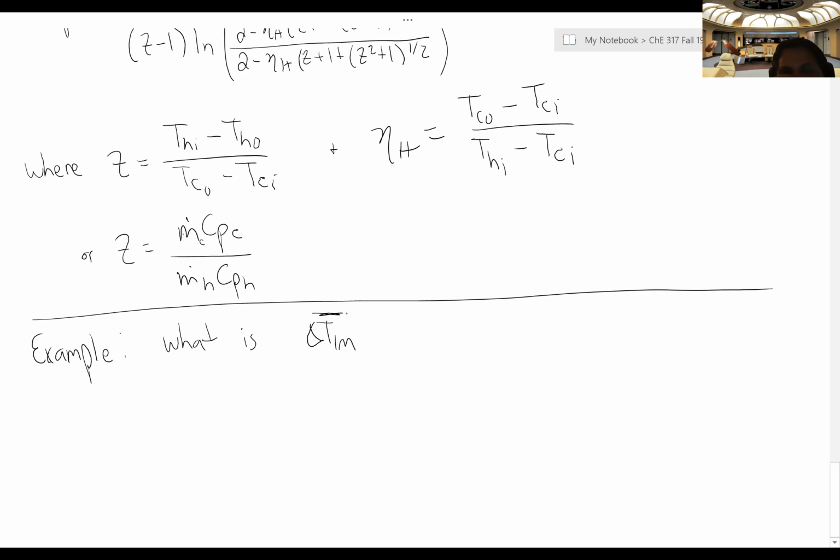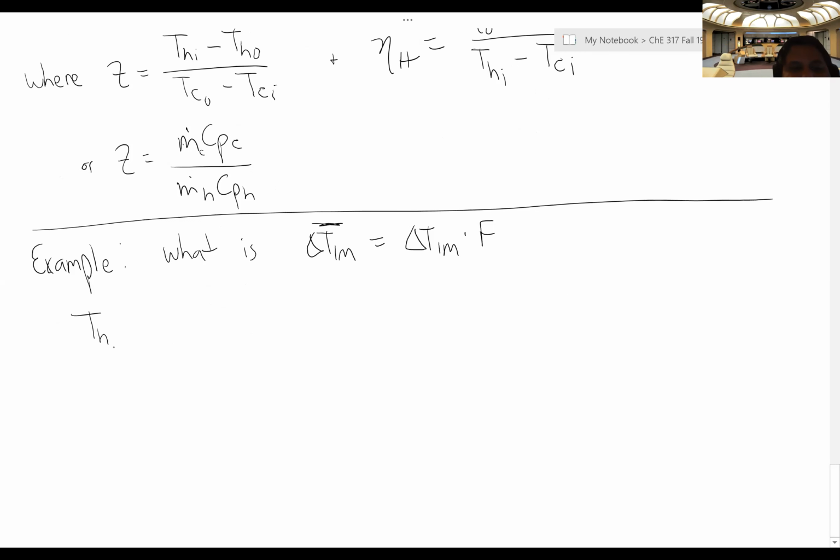And I typically designate it with a bar, which is really just the delta T log mean times F. So I know T hot in is 240 degrees. T hot out equals 120 degrees.